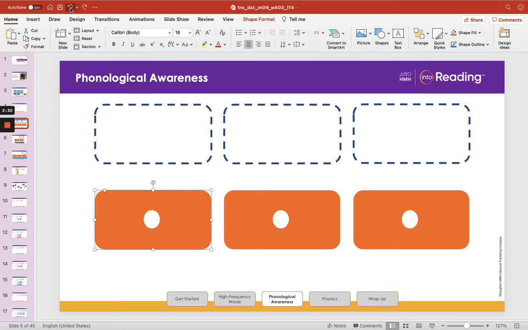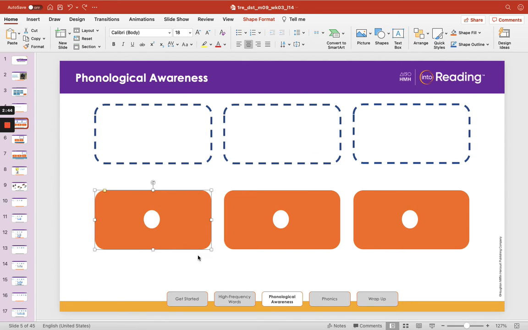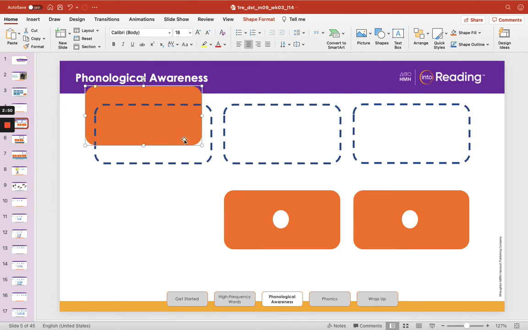And what about the word wish? Wish. I did that completely incorrectly, I did sounds. So let's do this again. Wish. There we go.